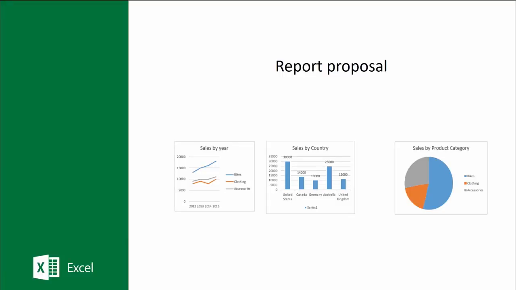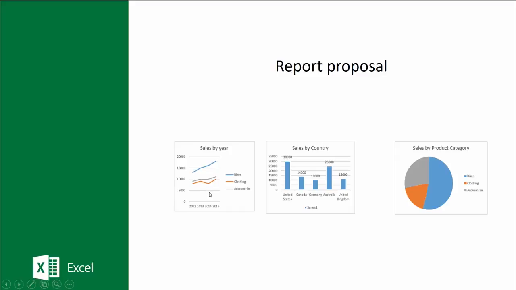So I was thinking of taking some aspects, along some axes along the year. So show sales by year for each category of product that we sell, sales by country, and sales by product category altogether, different types of charts to show the performance of our company.